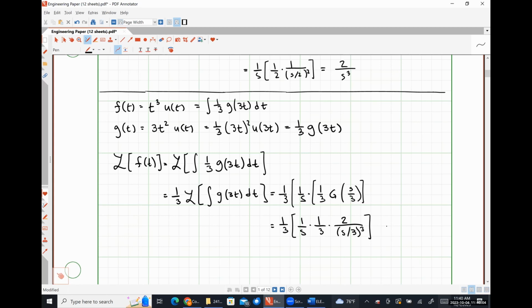So this is going to look like 3 times 2. And then I have an s times an s cubed. It looks like s to the 4th power. Which would look like 6 over s to the 4th.